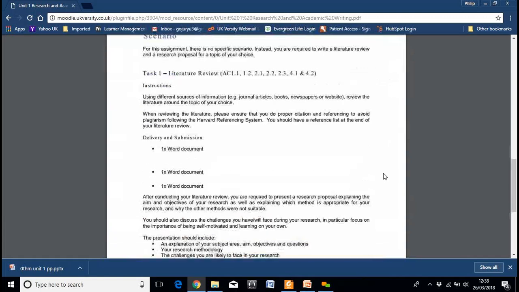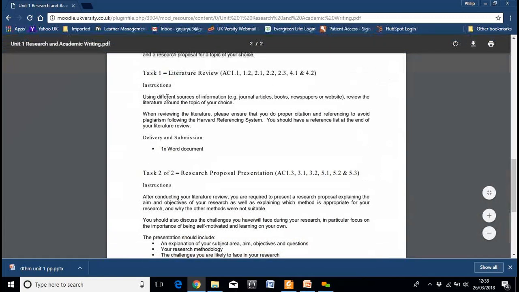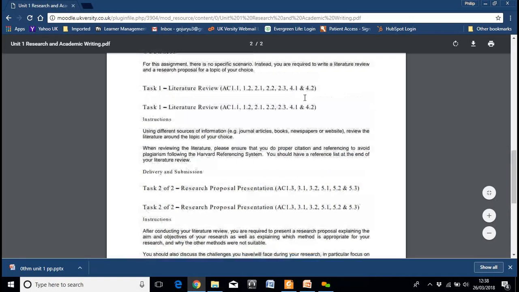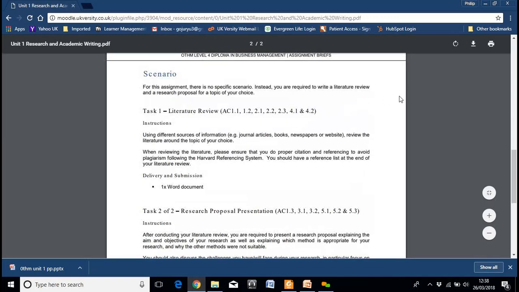If it comes down to here, task 1 is a literary review, using different sources of information, journal articles, books, newspapers, or websites. Review the literature around the topic of your choice. In other words, you've got to choose a topic that you want to find more information about.